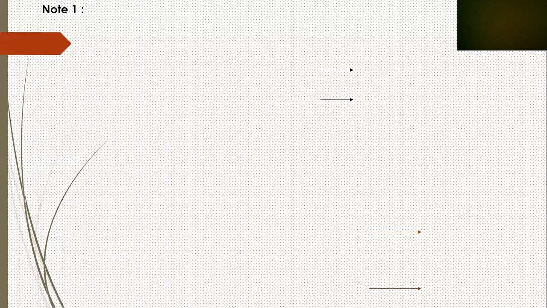Let's have the notes here. When do we use the ending ES? We said that with singular pronouns we add S to the verb, but sometimes we have to add ES. When does that happen?